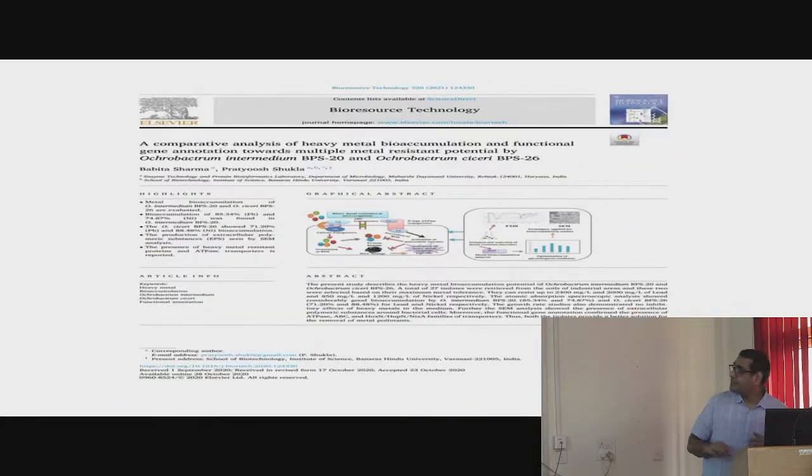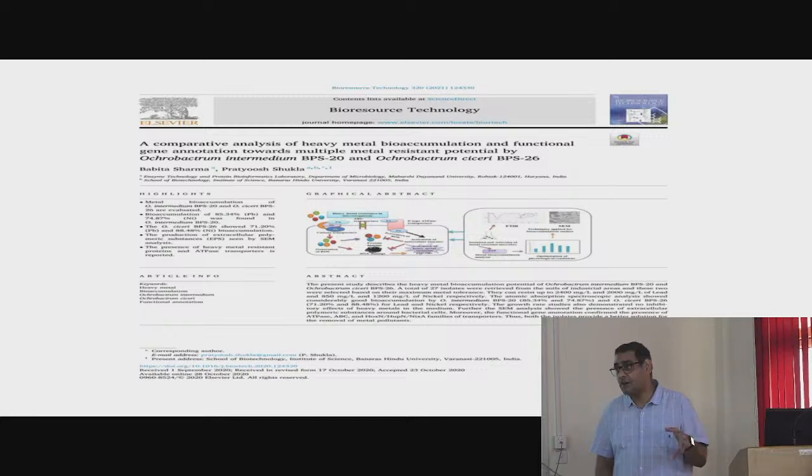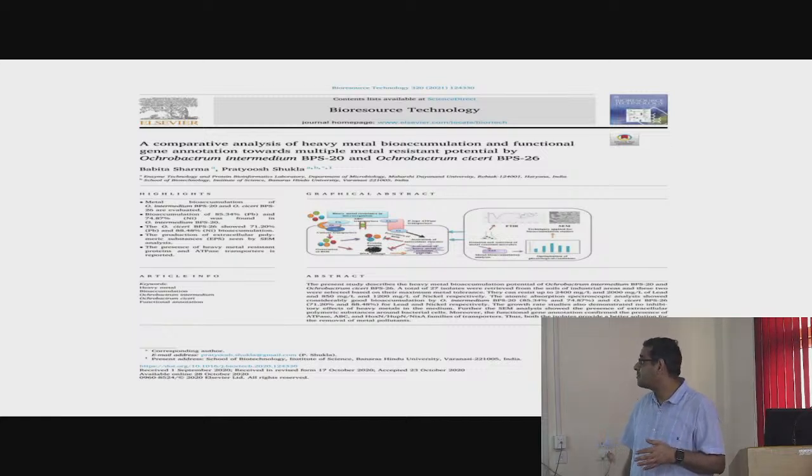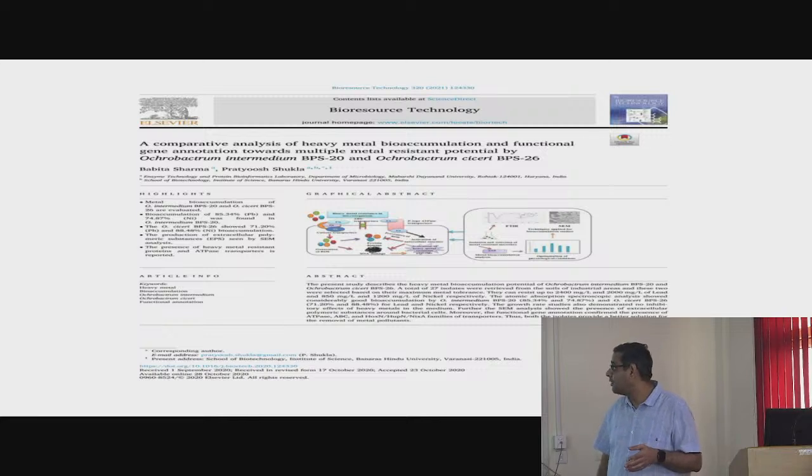And this is a comparative analysis where in silico techniques were used: a comparative analysis of heavy metal bioaccumulation and functional gene annotation towards multiple metal resistance potential by BPS20 Ochrobactrum and BPS26.